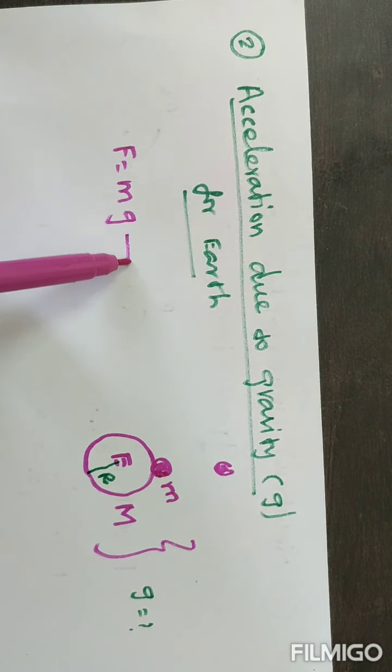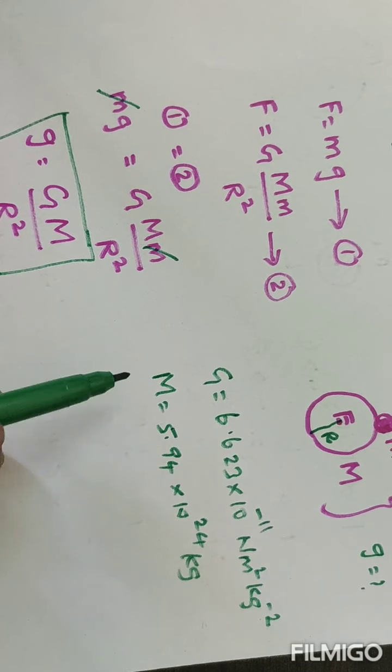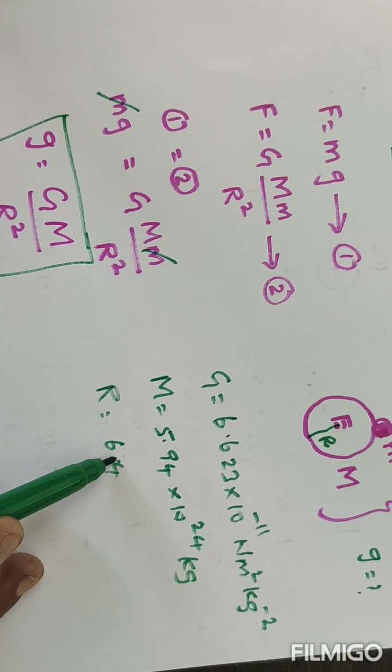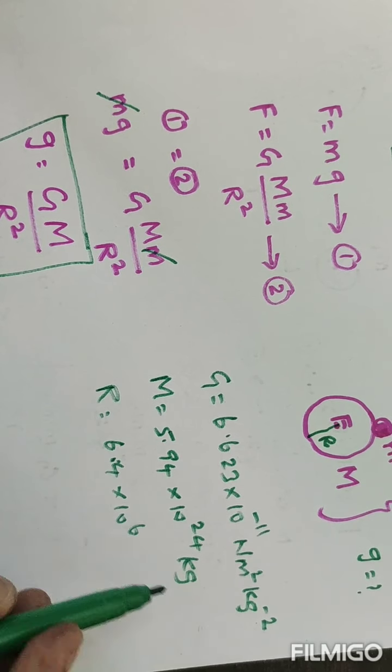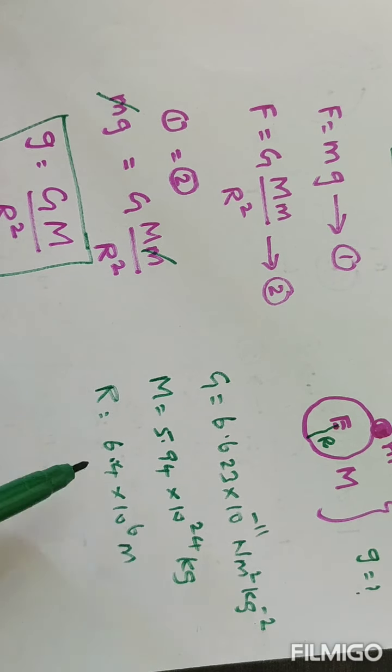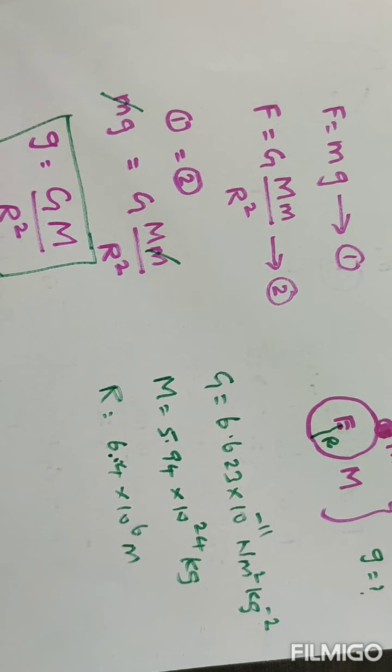If you observe the book, they give directly 6 into 10 power 24, but this is the more accurate value. And then the radius of the earth is 6.4 into 10 power 6 meter. Actually 6400 kilometer will come. This is the radius of the earth.